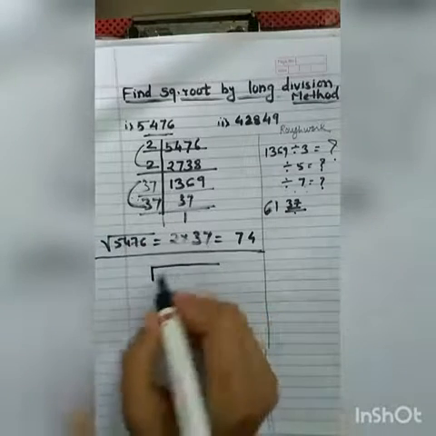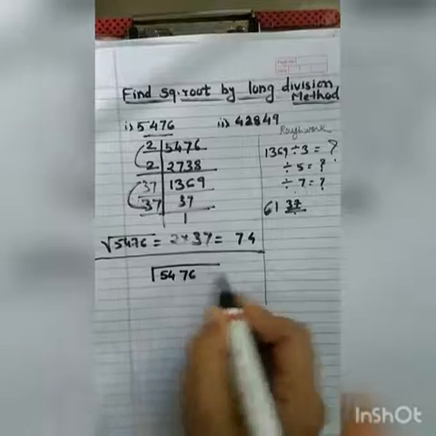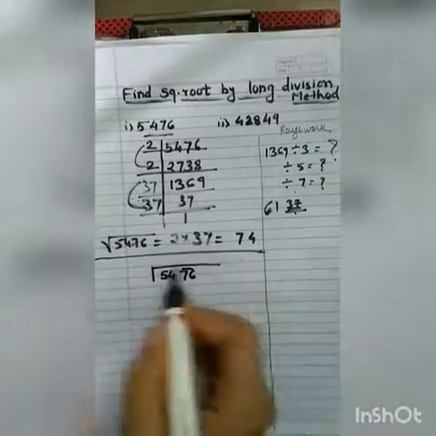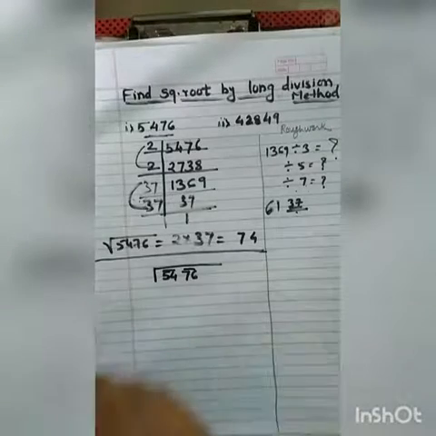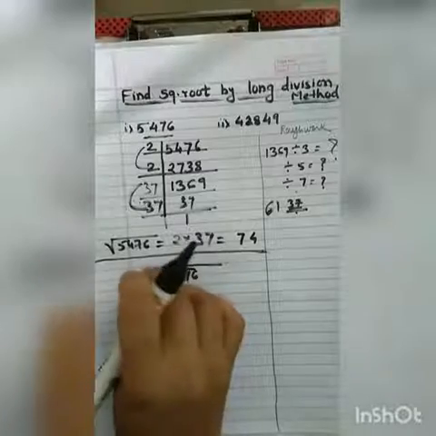So we have to pair the numbers from the unit place forward. 6 and 7 will be a paired number, 4 and 5 will be a paired number. So we have to pair from last to first.